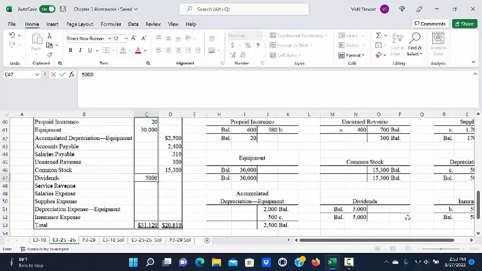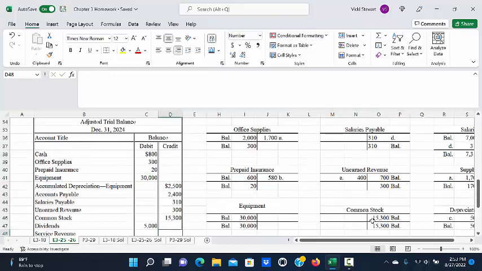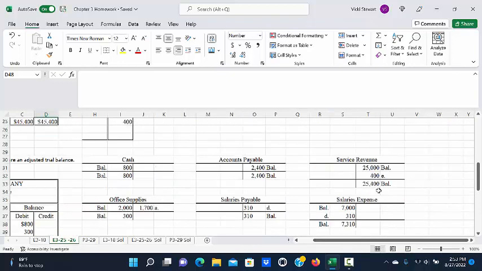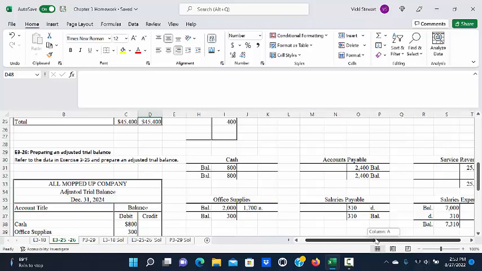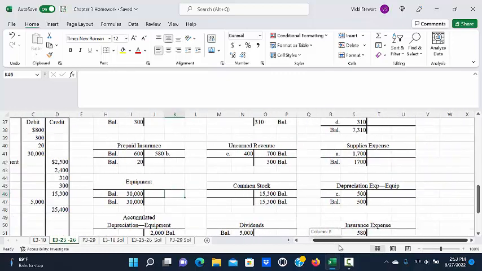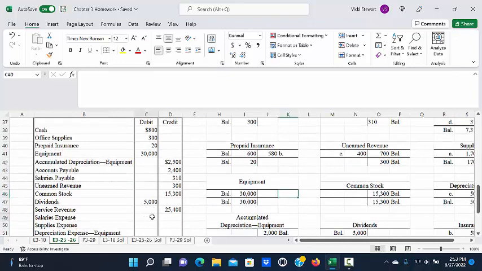Now we will start recording our revenues and expenses. Service revenue has an adjusted balance of $25,400. And now we'll record our expenses. Our salaries expense is adjusted to $7,310.